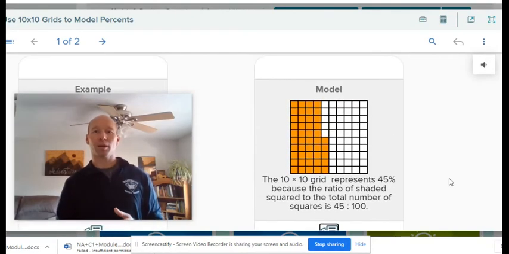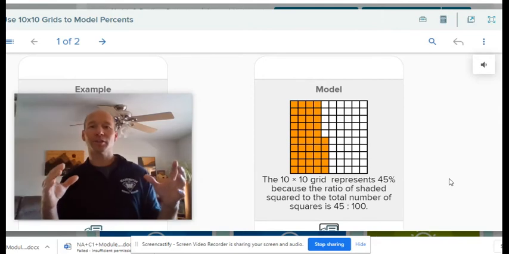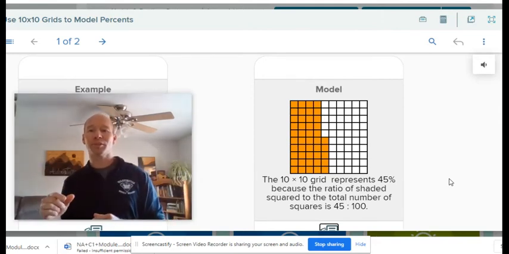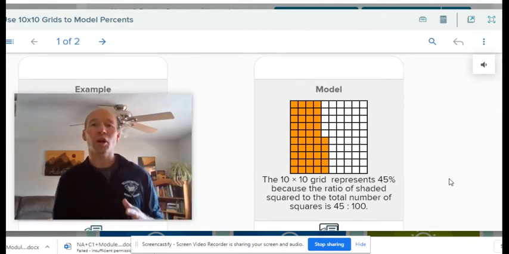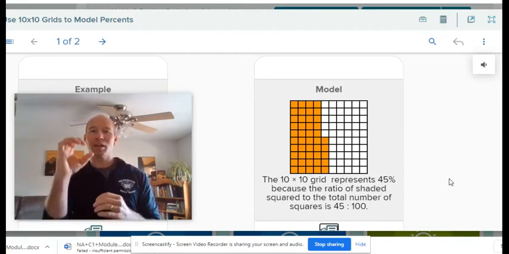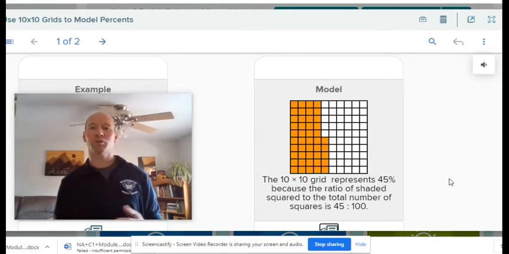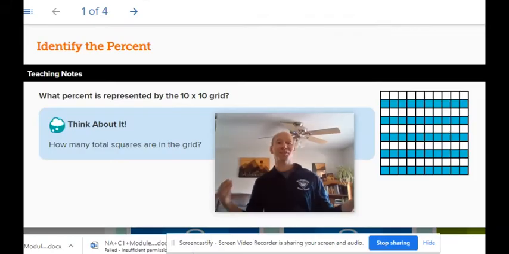Let's look at that on a model. So a 10 by 10 grid represents 45% because there are 45 yellow squares on there, and the total number of shaded squares is 45 to 100.